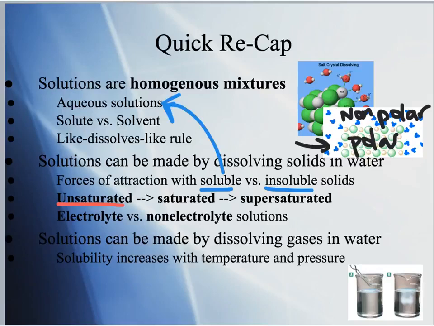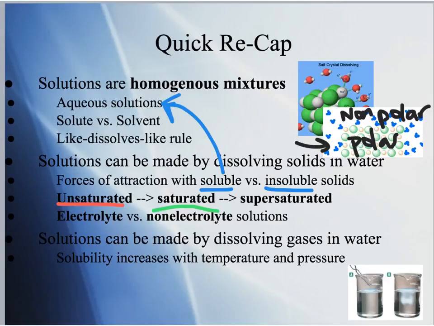The next is saturated. That means that we're adding enough salt so that all of the little water molecules are now grabbing and attaching to one of the salt ions. So saturated means that's as much solute as is possible that you can put in the solution.